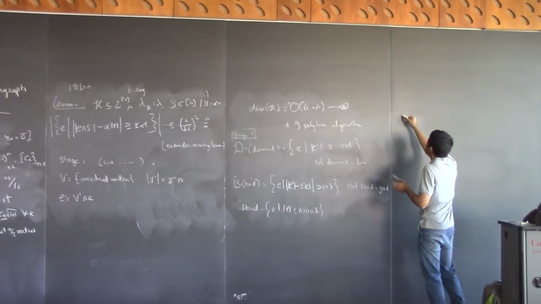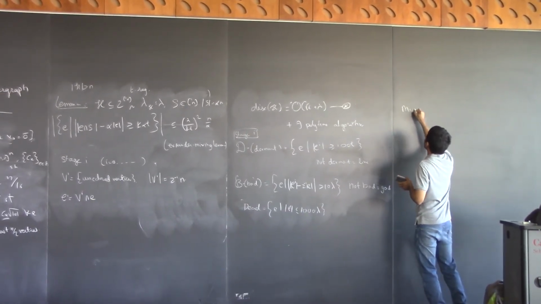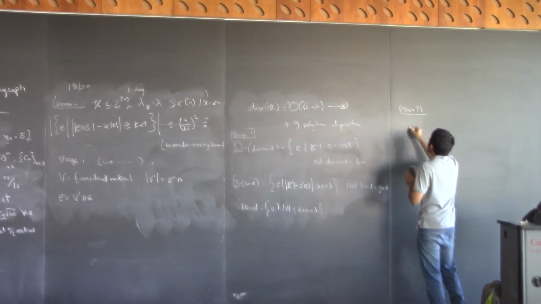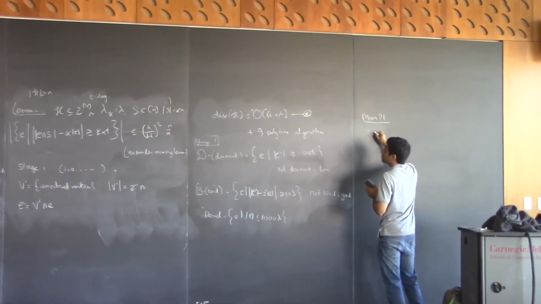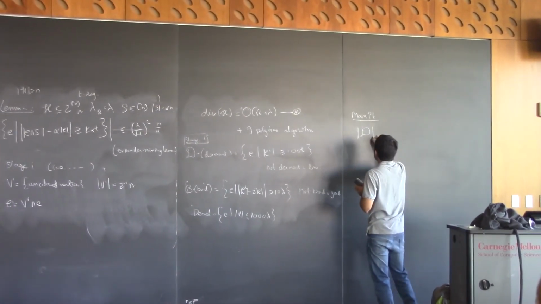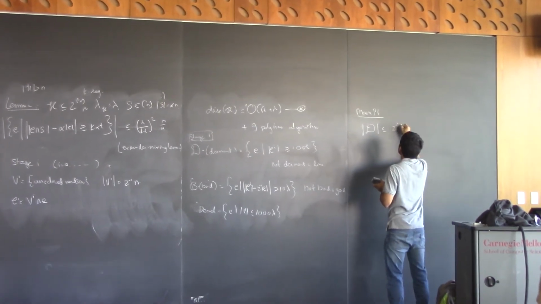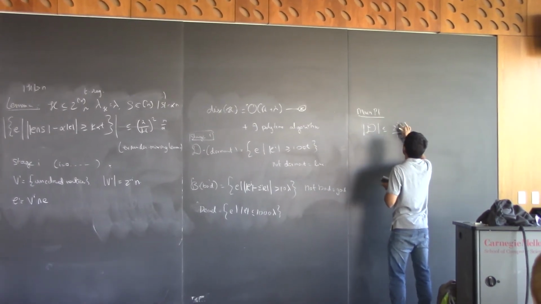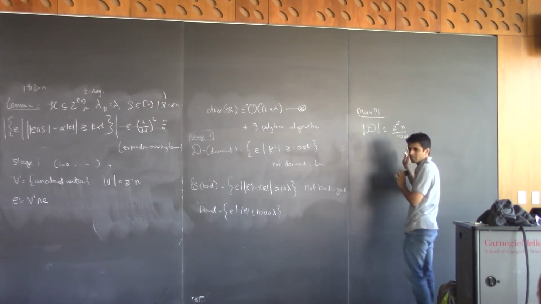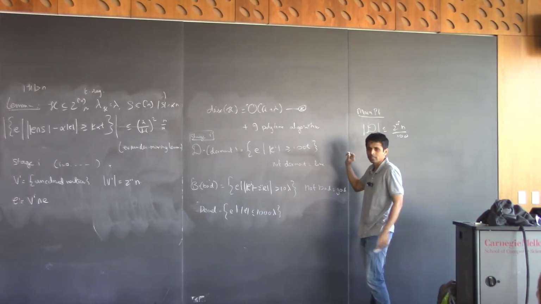Okay, so the main point is that firstly, the size of D is at most something. This is an averaging argument.